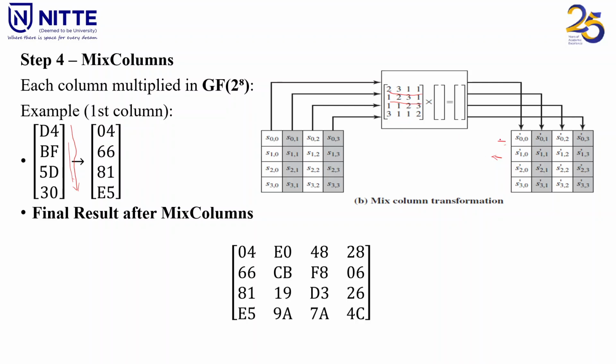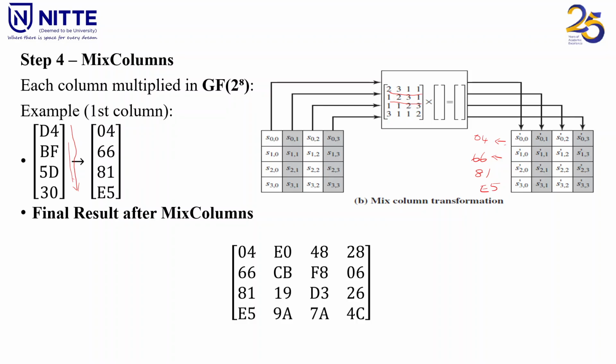Then I get 04, 66, 81 and E5. Likewise, the other columns of the previous output are multiplied to get the corresponding second, third and fourth column values.